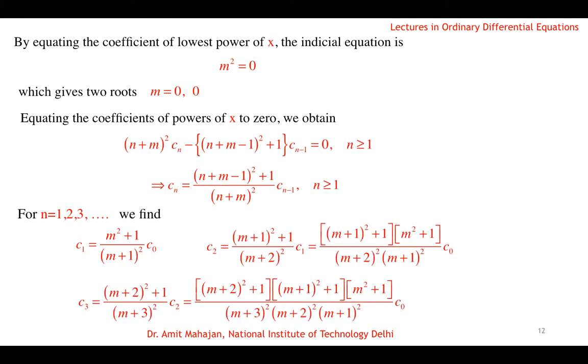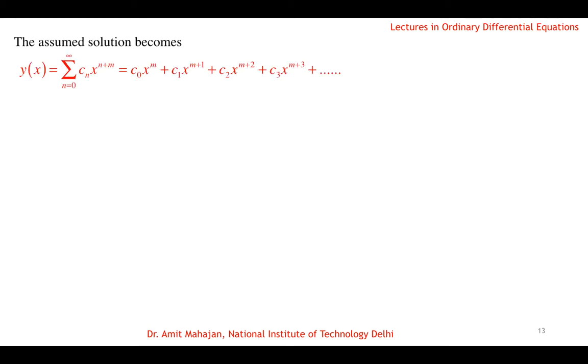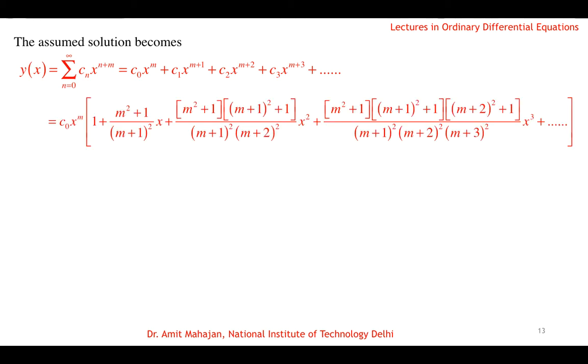This process is the same: c1 we calculate in terms of c0, then for n equal to 2, c2 in terms of c1, and c1 is known, so c2 in terms of c0, and so on. Then we plug all these constants back into the solution that we assumed. Once we plug in c1, c2, c3, all values here, we can write this solution as the infinite series solution.